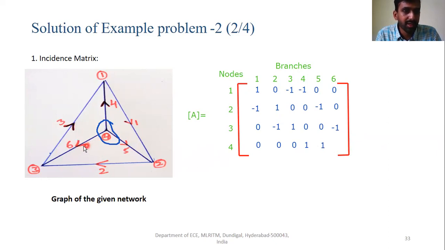The current with respect to branch number 6 is leaving node number 4. If it is leaving node number 4, the element is going to be equal to plus 1.